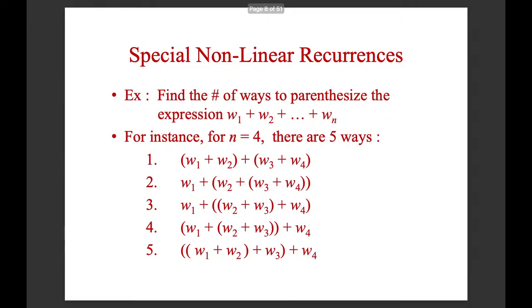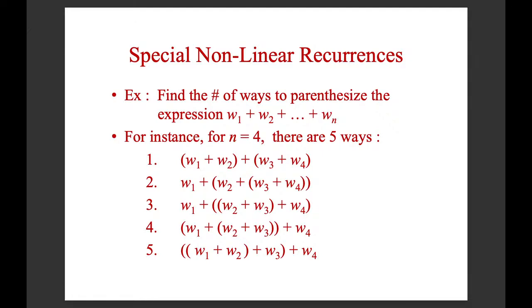So let's look at a concrete example. Suppose we have an expression with terms w1 plus w2 plus w3, up to, let's say we have 4 terms: w1 plus w2 plus w3 plus w4. Now, the plus sign is associative.